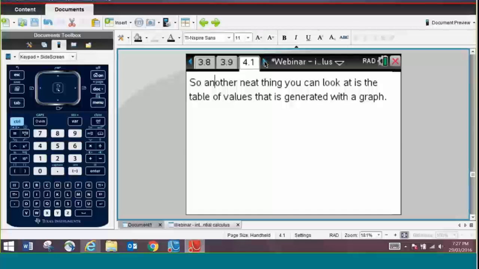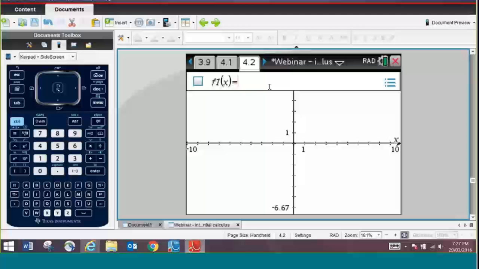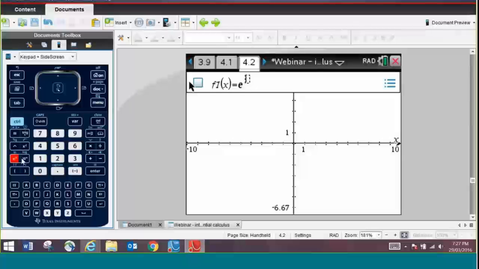Okay, the last thing I want to have a look at is the things that you can do when you get a table of values generated with a graph. So I'm going to use e to the x because that's a nice one for introduction into later calculus things. So the E button is located either directly here on the left-hand panel or through the pi button.